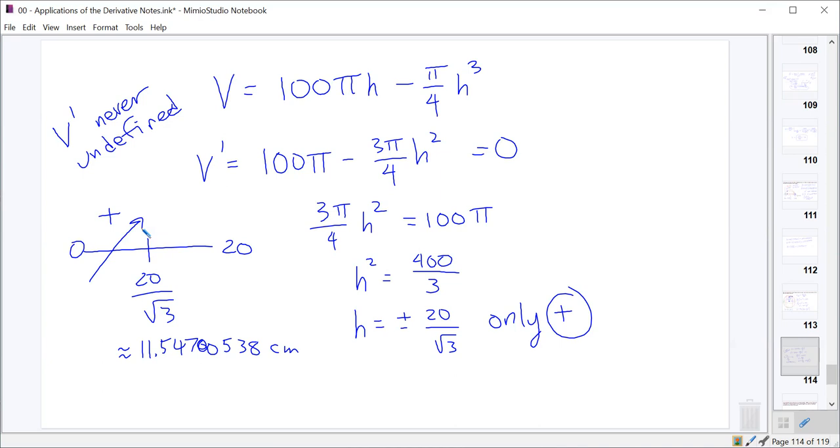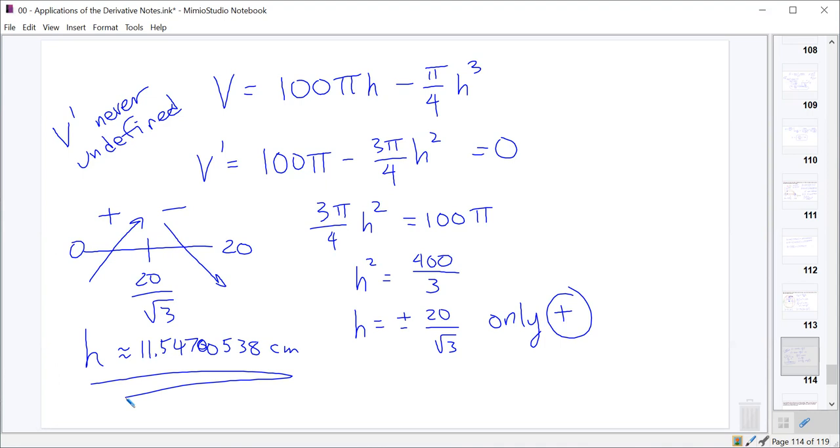So we're going to have 100 pi minus something that's way more than 100 times pi. That's going to be a negative value and we'll be decreasing here. And so we can see that we are at a maximum when our height is about 11.54700538 centimeters, or 20 over root 3 centimeters.